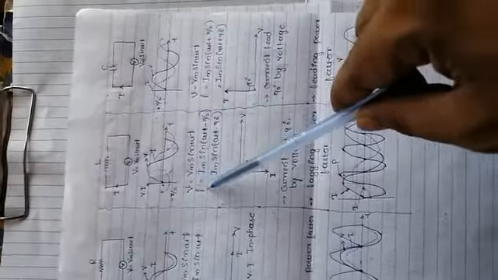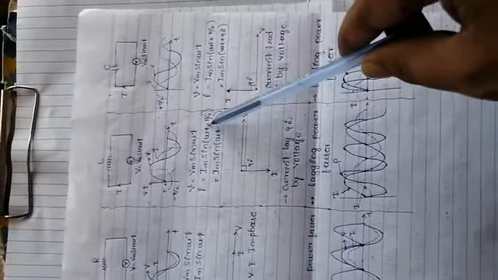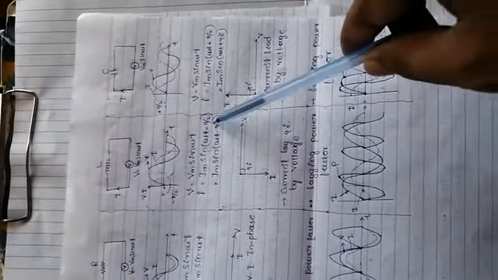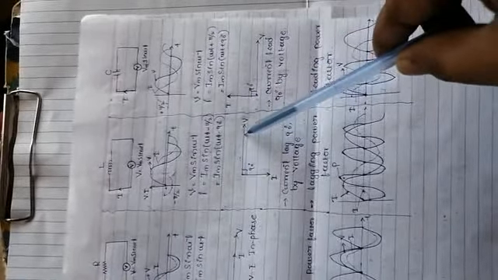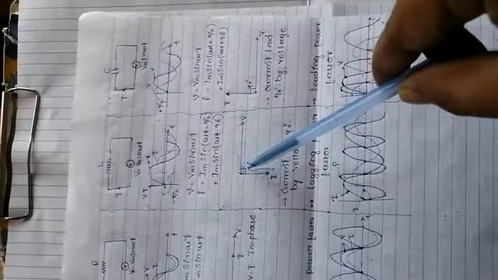But the current lags: I is equal to Im sin omega theta minus pi by 2, which means Im sin omega theta minus 90 degrees. So the voltage is at 0 degrees and the current lags by 90 degrees. Current lags the voltage by 90 degrees, therefore the inductive circuit is also called a lagging power factor circuit. Here the dotted line is the current, lagging by pi by 2.